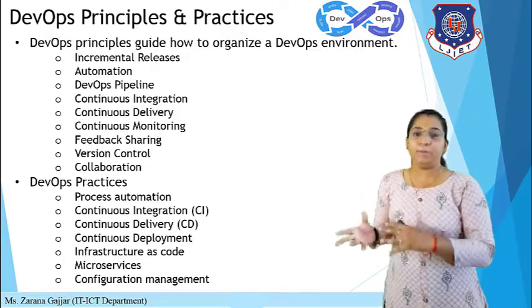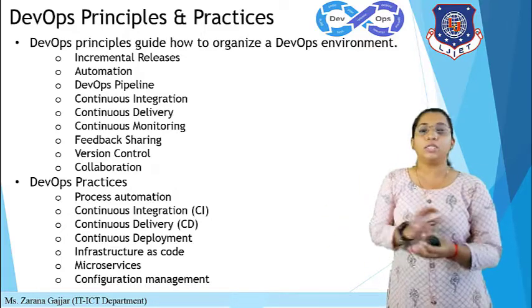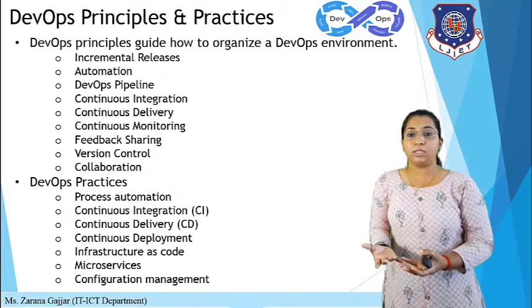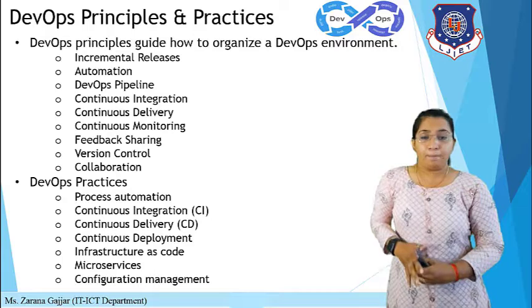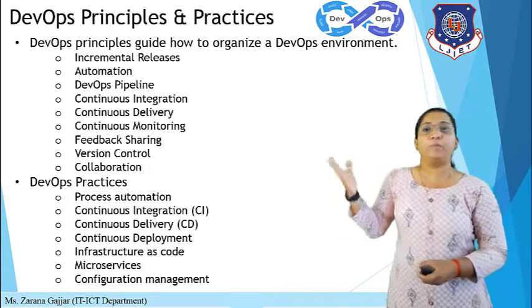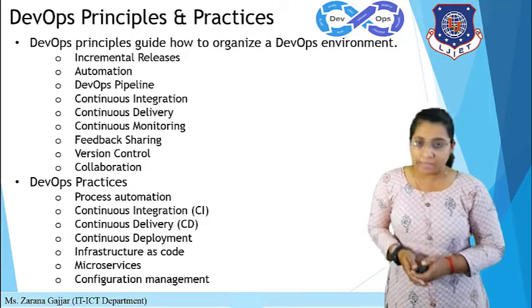If any new changes are applied, you can deploy the product to the customer's environment. Then infrastructure as code, microservices, configuration management, and many more. So this is about the DevOps practices, the principles and practices included in a DevOps environment.